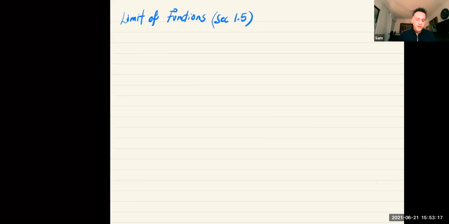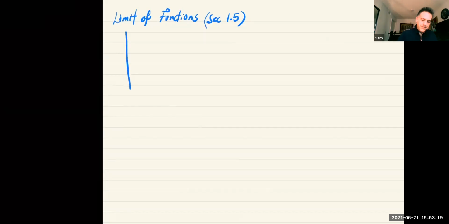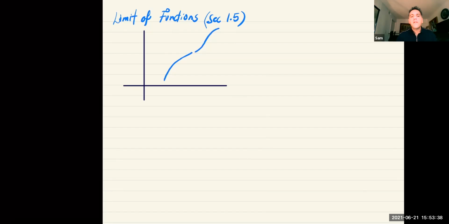All right, let me show you a picture here. Let's say we have some function, and this function has a certain point of discontinuity. As you see, if I were to draw this function, I drew this segment, and then I had to pick up my pen and continue at some time later.